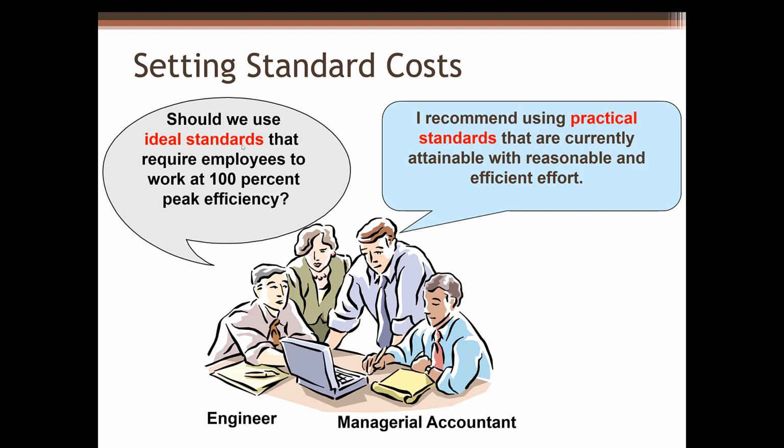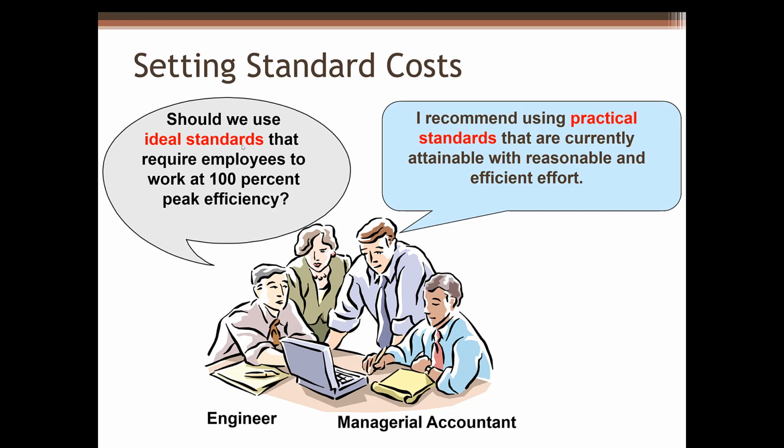First, ideal standards. Ideal standards can only be attained under the best of circumstances. They allow for no work interruptions, and they require employees to work at 100% peak efficiency all of the time. Second, practical standards.